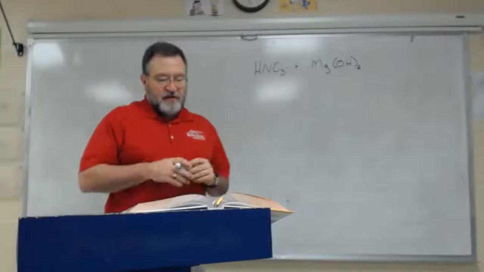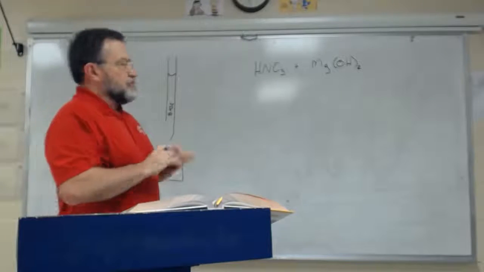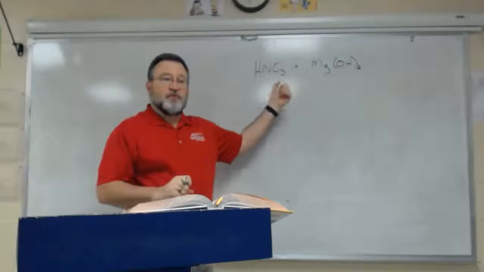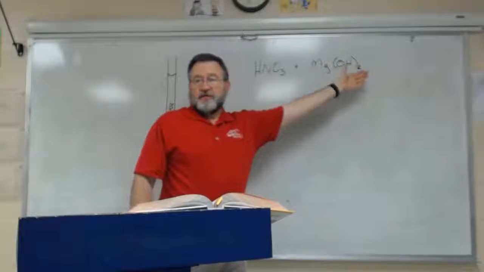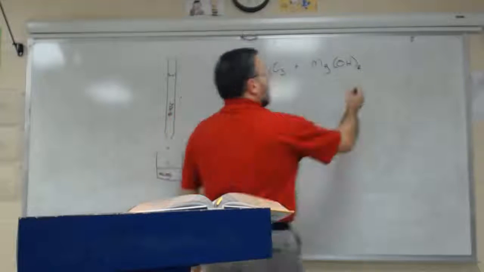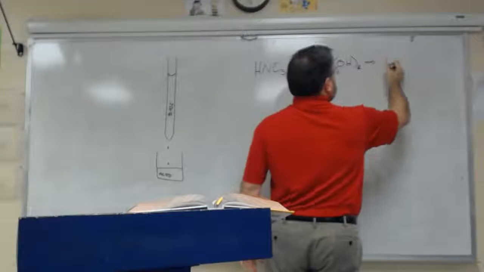Going to titrate those two things. So we don't need any more information from the problem. We have a little bit of work to do with this. This is an acid and an ionic base that react to produce what? Water and a salt.